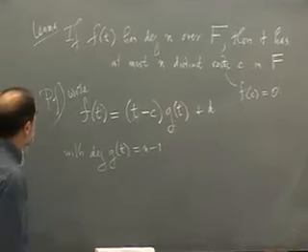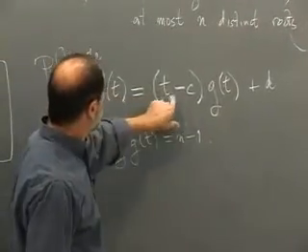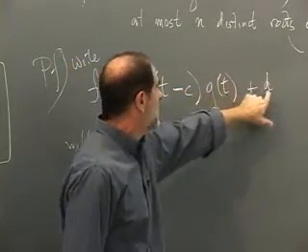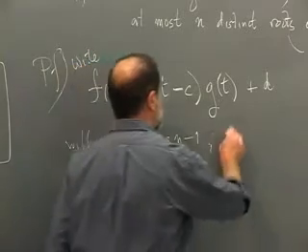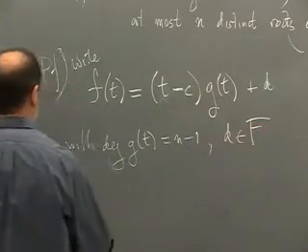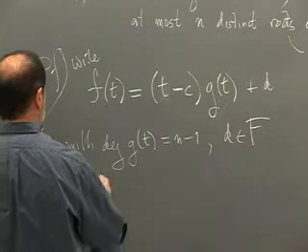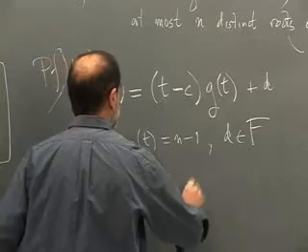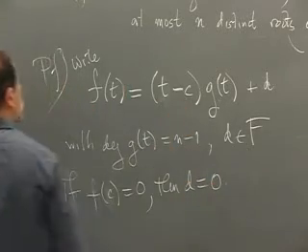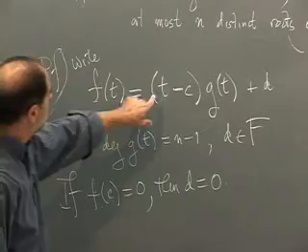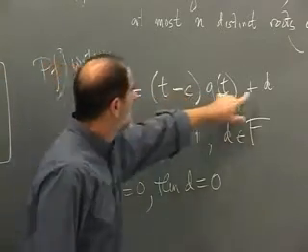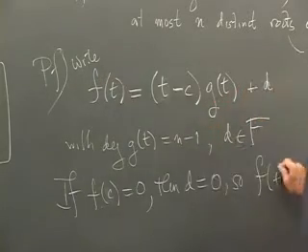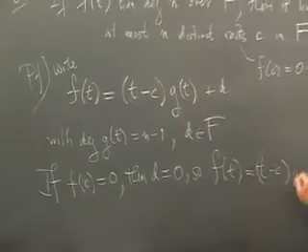So for any c and f, you can divide the polynomial f of t by the polynomial t minus c. The quotient is a polynomial of degree n minus 1, which you work out, and the remainder is a constant d in F. If f of c is equal to 0, then d is equal to 0, because you just substitute c into this expression: f of c is 0, c minus c is certainly 0, so you're left with 0. So f of t is equal to t minus c times g of t.